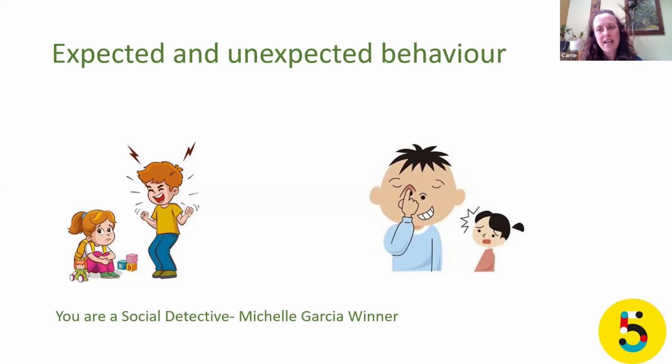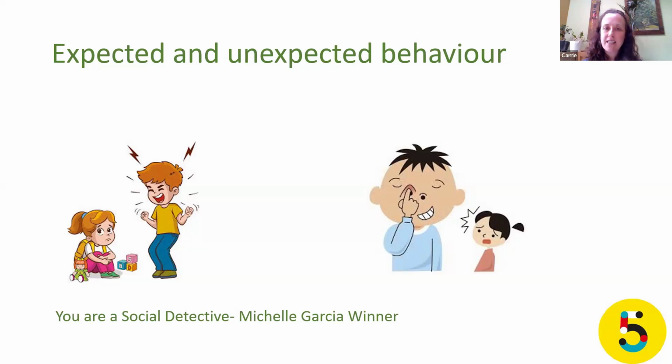It's just understanding that certain things they do would be unexpected in certain settings. Now, that may be disruptive behaviours, but it also may be things like, I've got the example there of a child picking their nose, and people might go, whoa, if people do that. So it's helping them to understand that that's an unexpected thing to do, and so then we give them strategies and ways that they can manage those things.